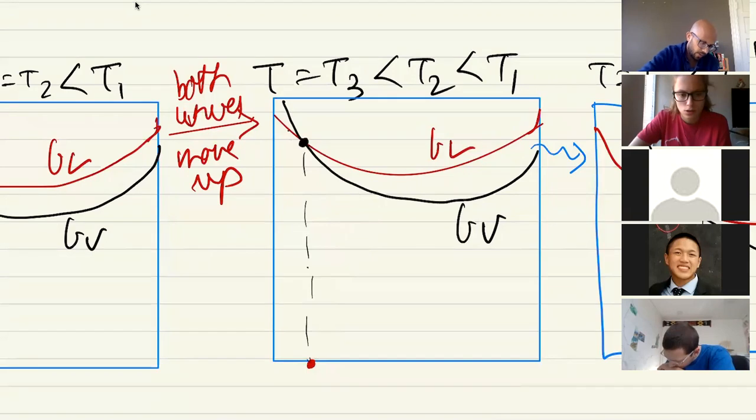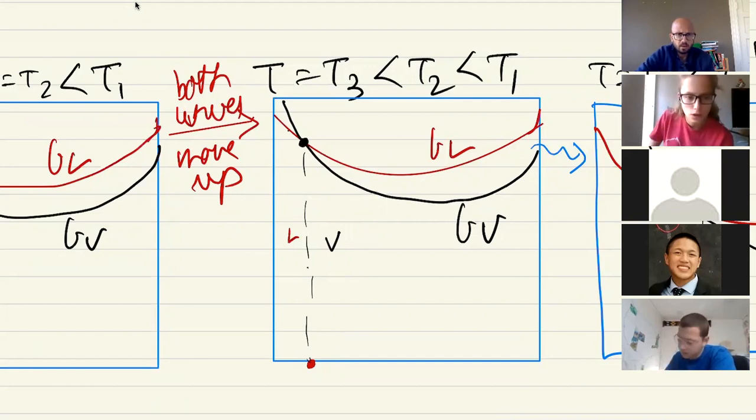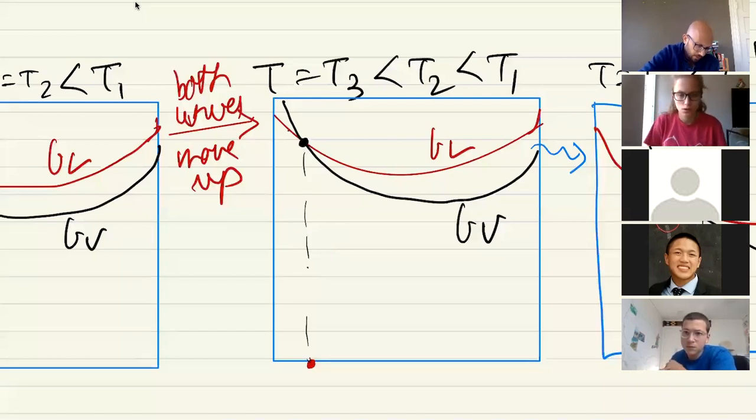That's the obvious conclusion, right? Because you see that the red curve is below the black curve to the left of this, and the black curve is below the red curve to the right of this. In practice, in reality, that doesn't happen. You end up with something that looks like this.